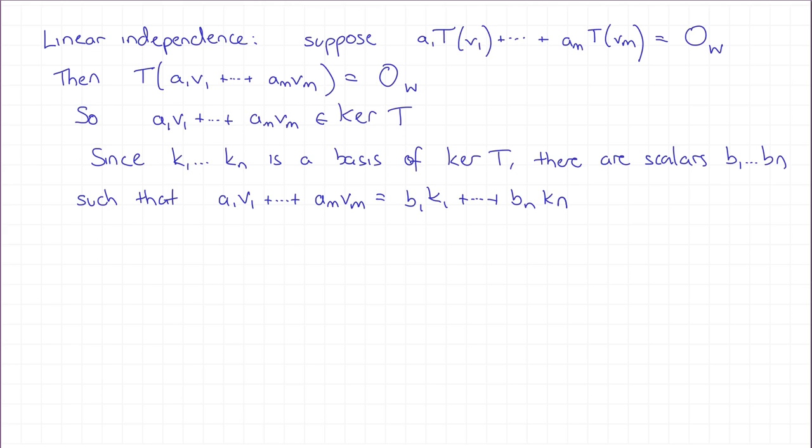But the collection of vectors k1 up to kn followed by v1 up to vm was a basis for V and is therefore linearly independent.